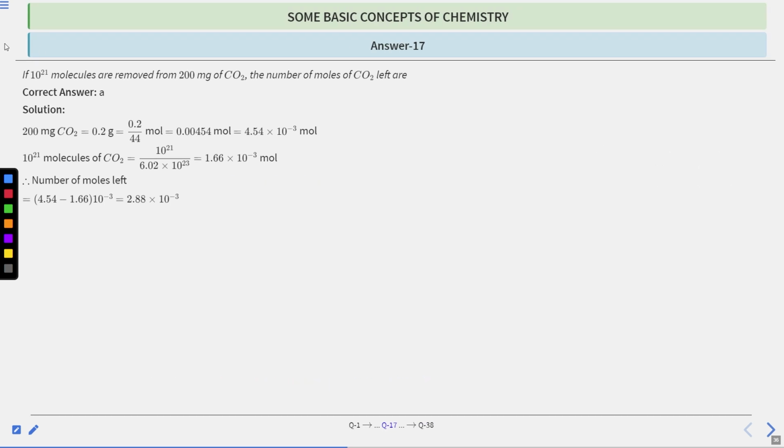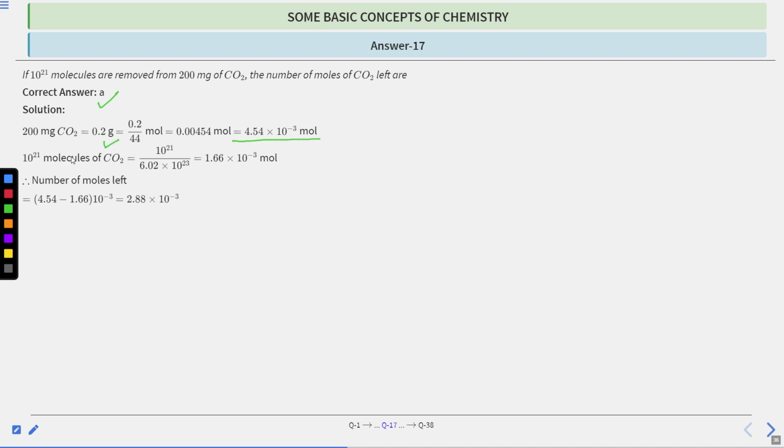Okay, so the correct option will be option A. How the solution goes: 200 milligram of CO2 will be equal to 0.2 gram. So 0.2 divided by 44 mole is equal to 0.00454 mole, which can be written this way: 4.54 into 10 to the power minus 3 mole.